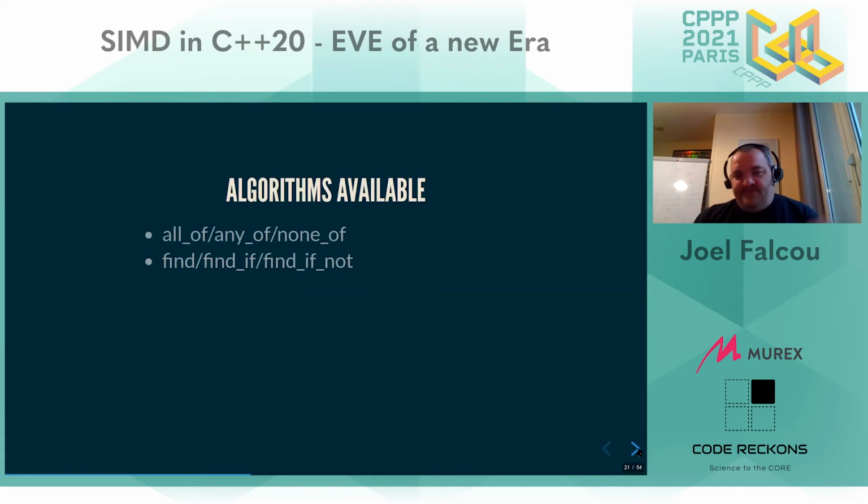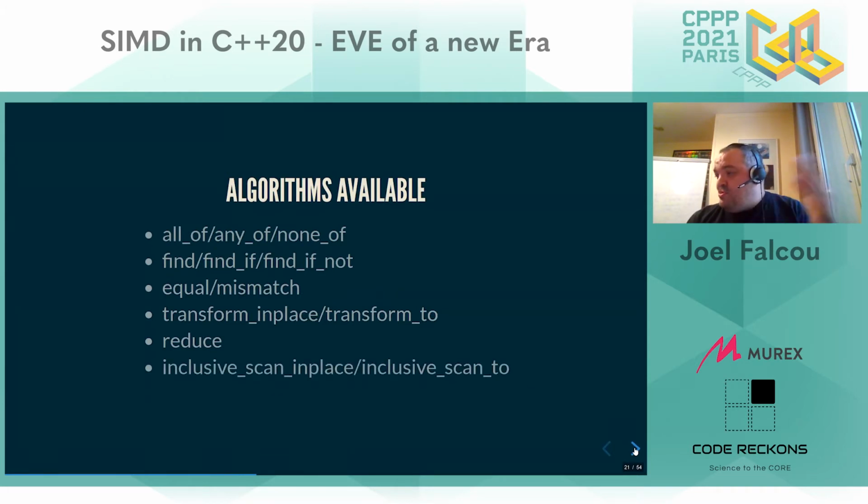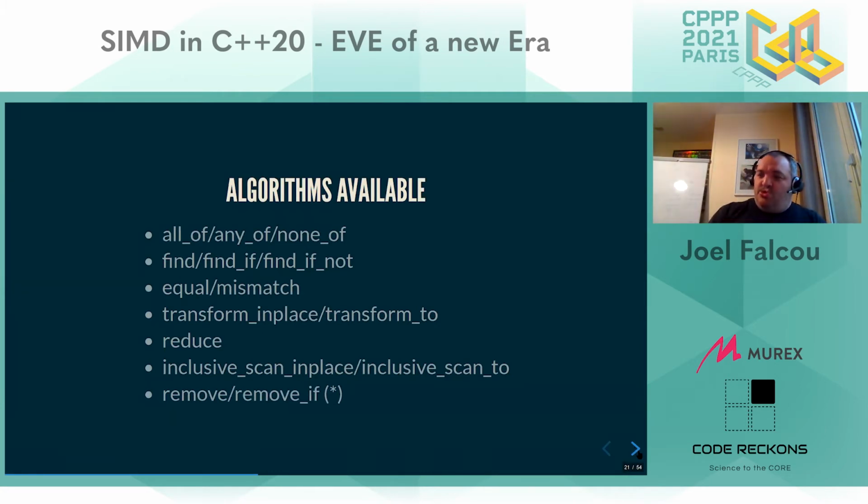We have all the finds, equal, mismatch, variations of transform, and we took a slight departure from the standard there by providing transform_to and transform in place, because knowing if we are transforming in place or not leads to some optimization opportunities in SIMD. We have reduce, inclusive scan, again in place or not in place, and remove_if, with the caveat that for some architectures currently, like SSE2 and some variants of ARM, it's not 100% optimized. But it is there.